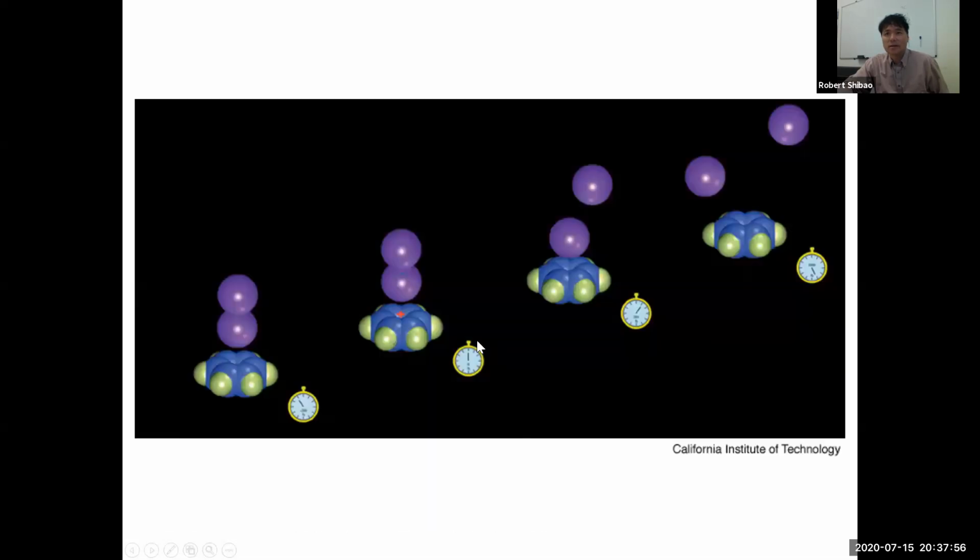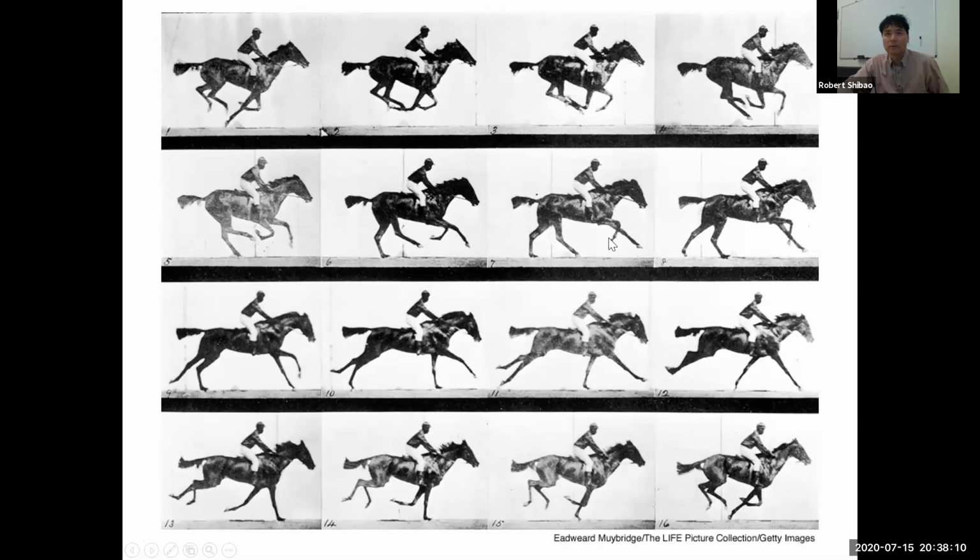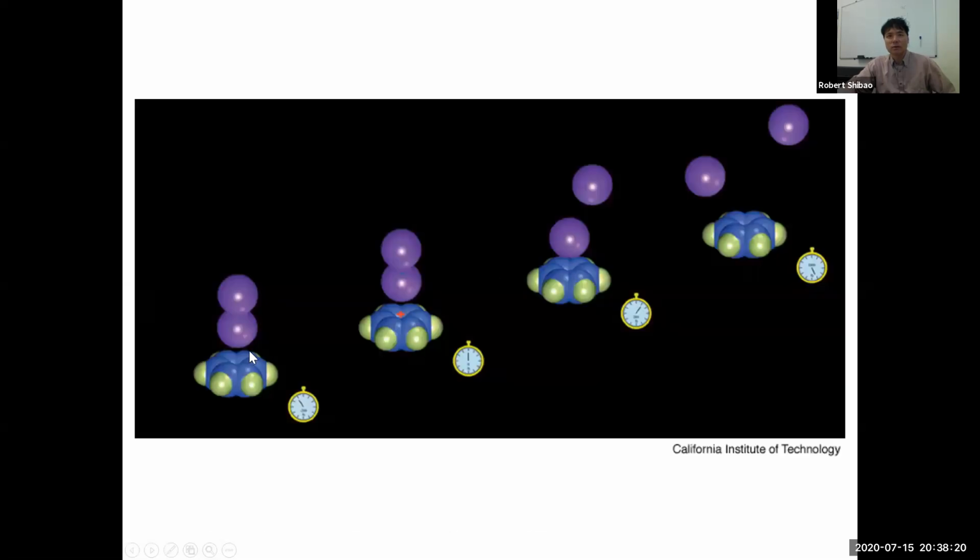When we look at the next slide, this is showing a chemical reaction, reacting over time. So just like this, we can follow what is called a reaction progress. If we follow a reaction from the start to the end and take little snapshots, that's called reaction progress. Eventually we get to the products.